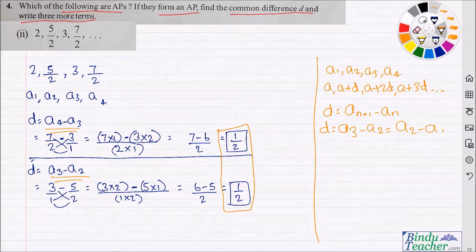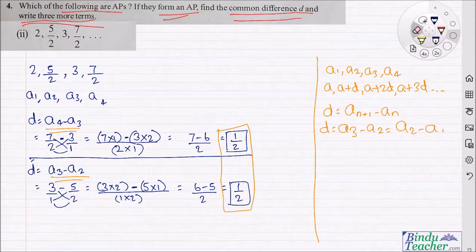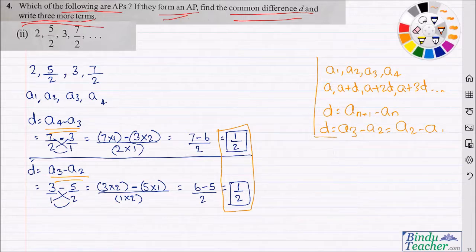Now what should we find out? If it's an arithmetic progression, we should find the common difference D and three more terms. We have already identified the common difference, and it is 1 by 2. Now let's find the three terms. I will make a little space here. We already have A1, A2, A3 and A4.